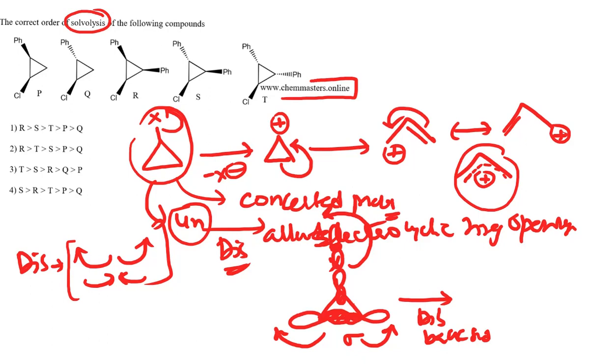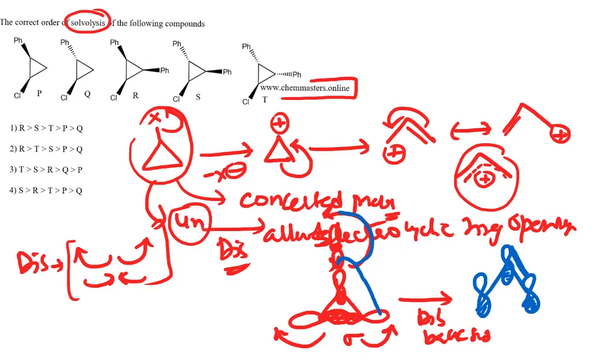If you do that, you can see the shaded lobes will move backside, or simply say bottom end. The central carbon has a shaded lobe to the bottom end and an empty lobe above the plane. Whenever the chlorine is cleaving, the empty lobe interacts with the empty lobe of the carbon, and there is a formation of a new bond.